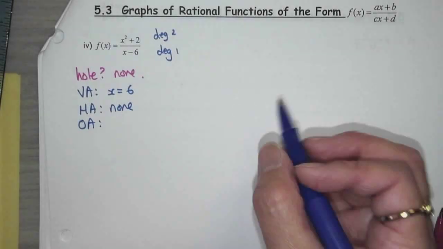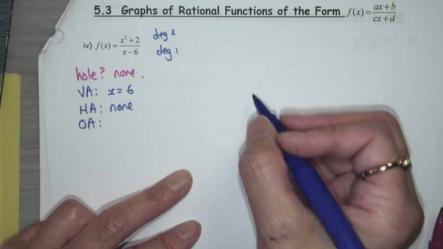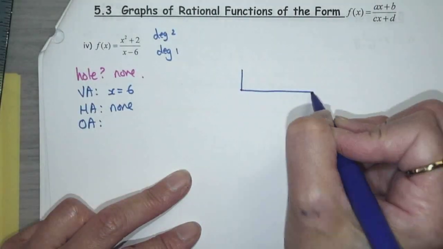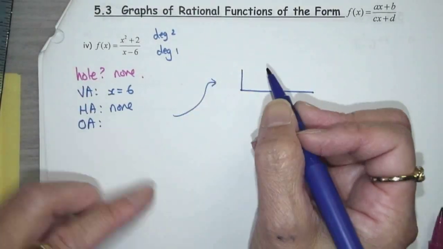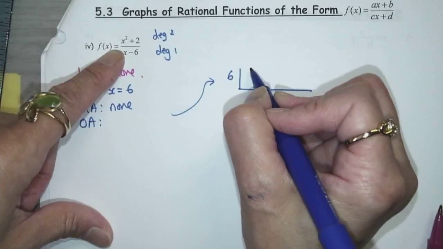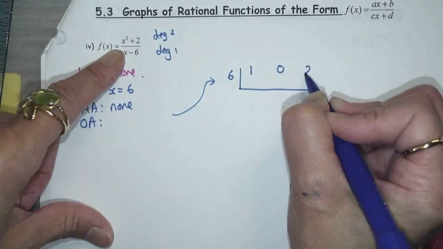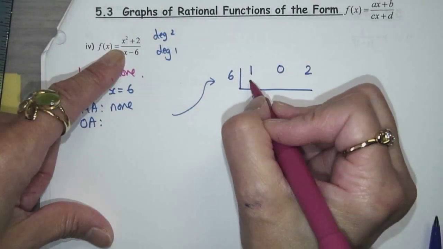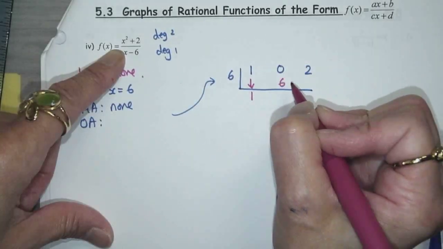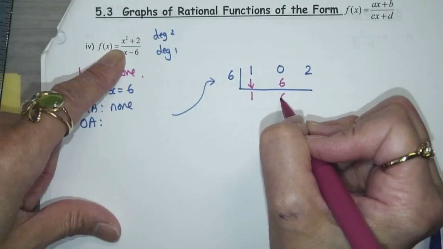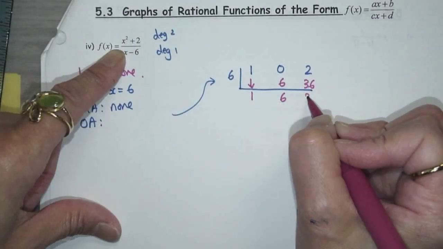For the oblique, you're going to go over here. Synthetic or polynomial, it's up to you. So for the oblique, I'm going to go 6 here, 1, 0, 2. I'm doing this fast because you should know how to do synthetic. Grab the 1. 6 times 1 is 6. Add it up. 6, 36, 38.